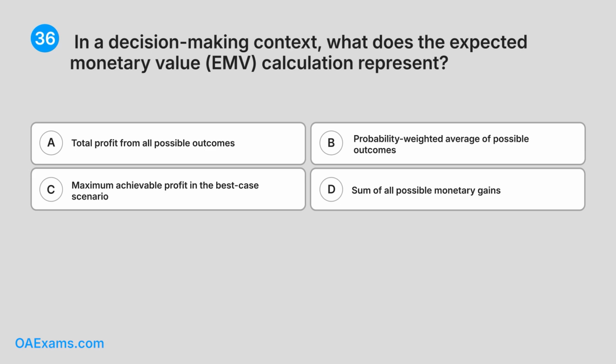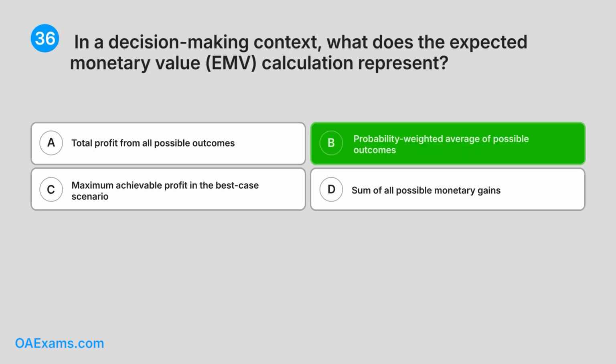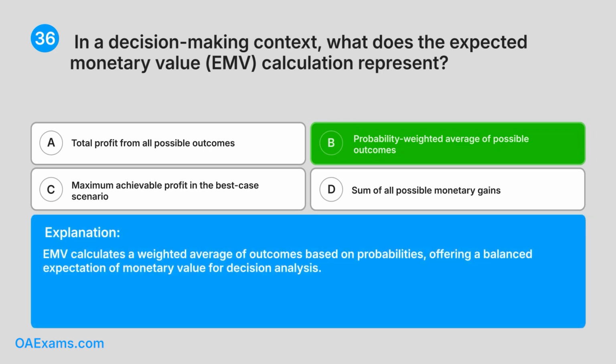D. Sum of all possible monetary gains. Do you know the answer? Correct answer: B. Probability weighted average of possible outcomes. Explanation: EMV calculates a weighted average of outcomes based on probabilities, offering a balanced expectation of monetary value for decision analysis.